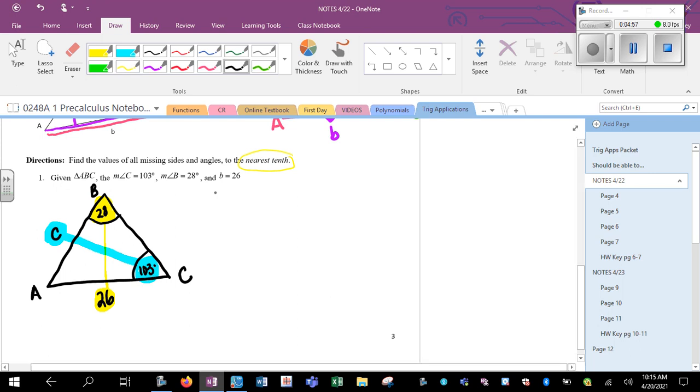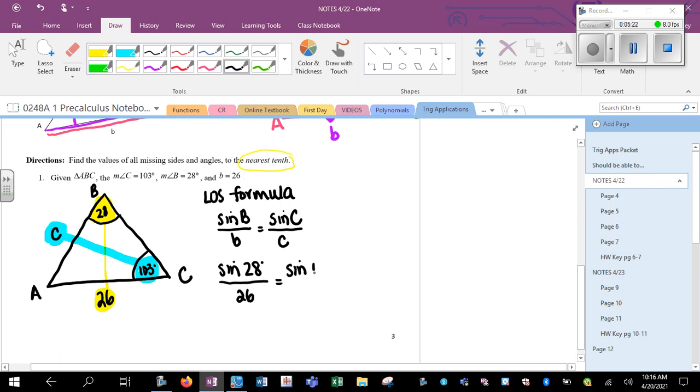So from the law of sines formula, we're going to say the sine of angle B over side B equals the sine of angle C over side C. Fill in what you know. Angle B is 28 degrees. Side B measures 26.